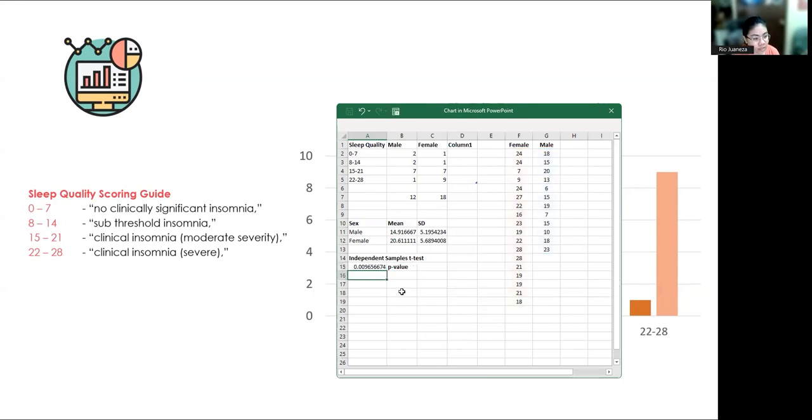So we have 0.009656674, or if we round it off, we will have a p-value of 0.0097, which indicates that it is less than 0.05. So we can close this for the meantime.